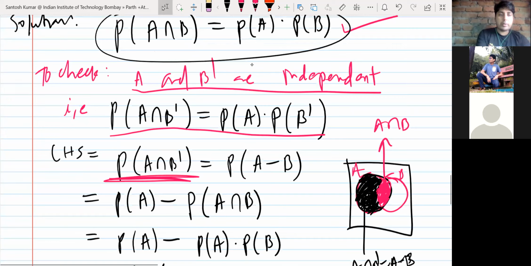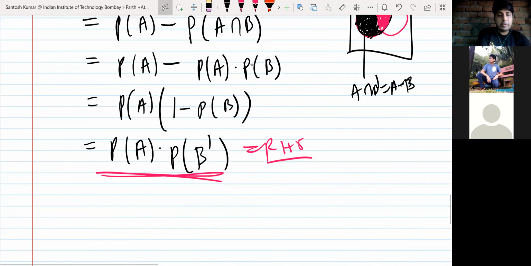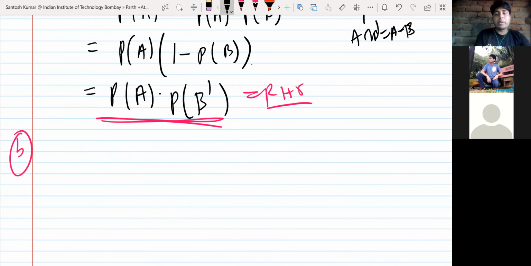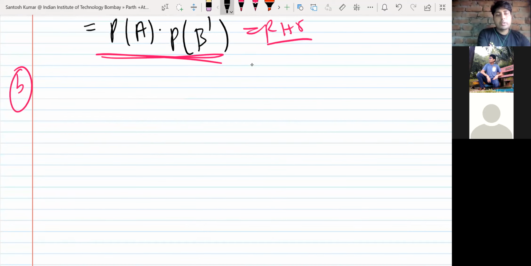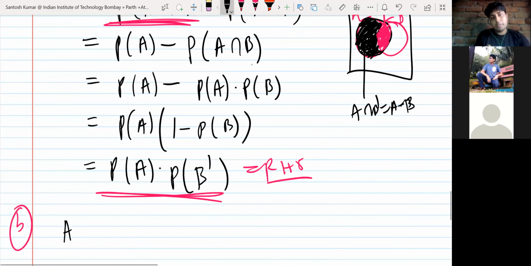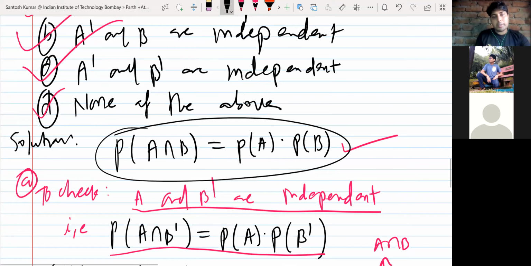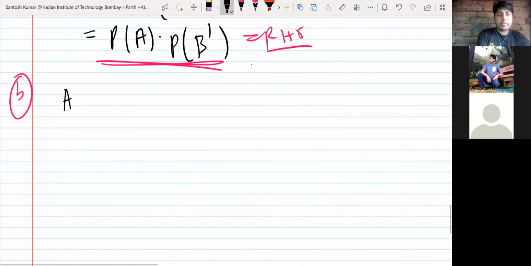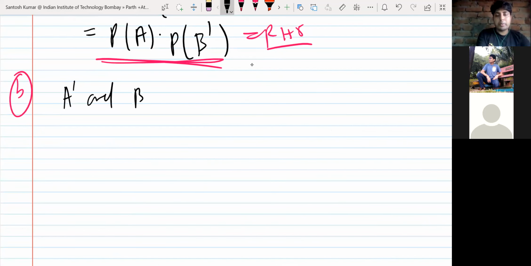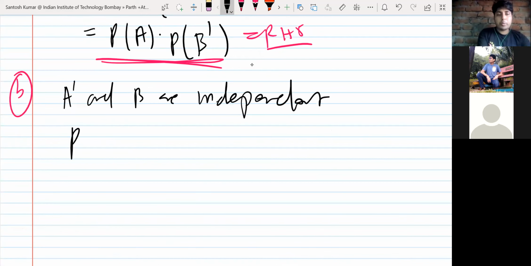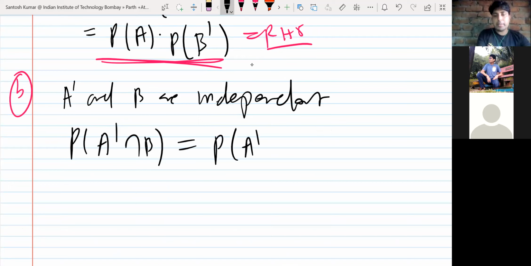Now for the B part, we have to prove A dash and B are independent. Means probability of A dash intersection B is equal to probability of A dash into probability of B. This we need to check.